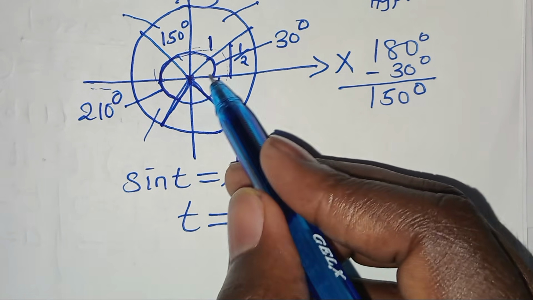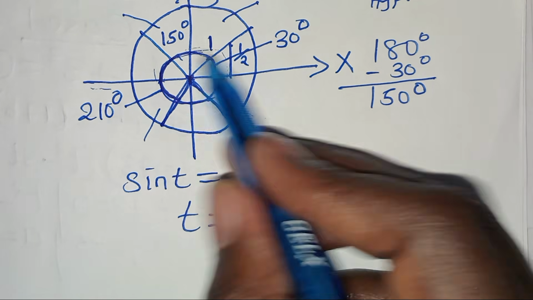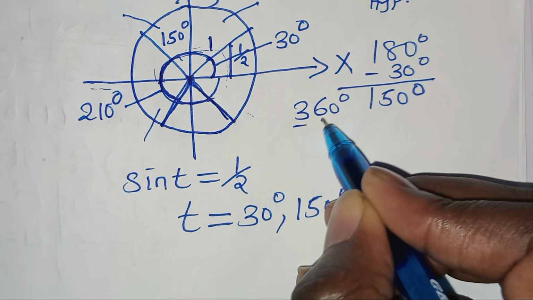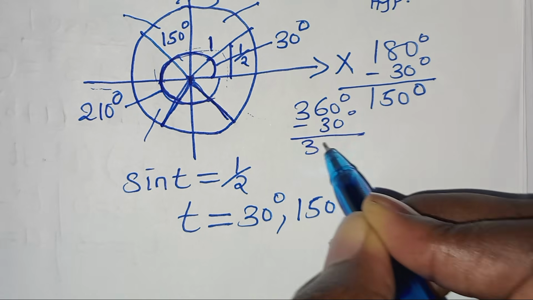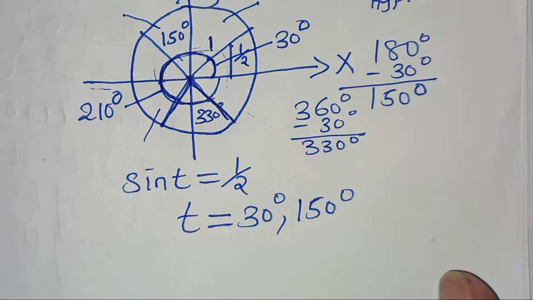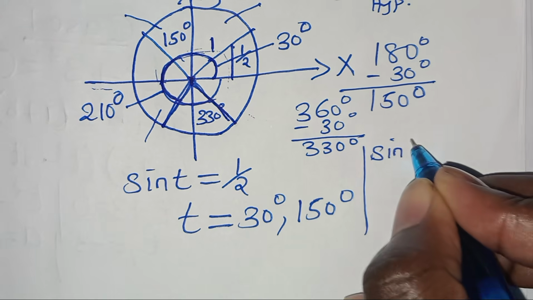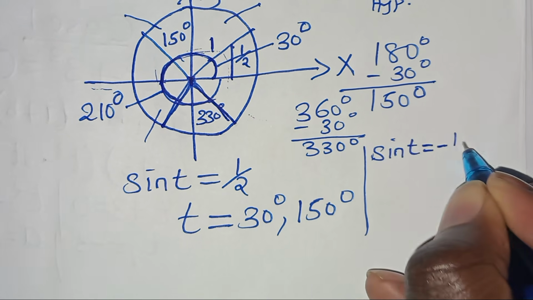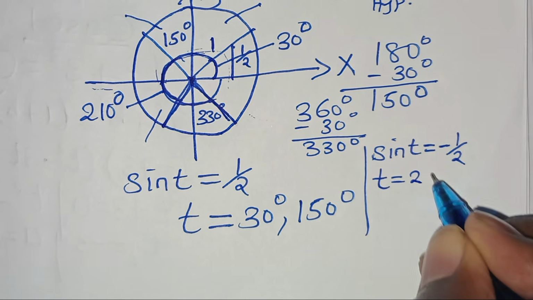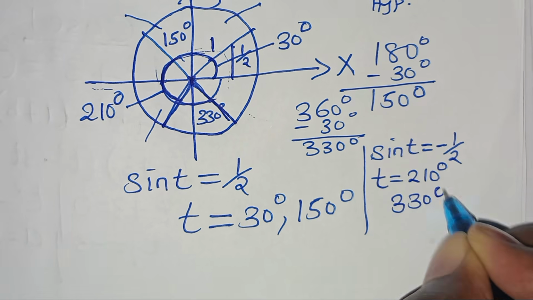In the fourth quadrant, we have another angle for sine. There are 360 degrees in a circle. So we say 360 degrees subtract 30 degrees, and this is equal to 330 degrees. So for sine t equal to negative 1 over 2, we have the values of t equal to 210 degrees and 330 degrees.